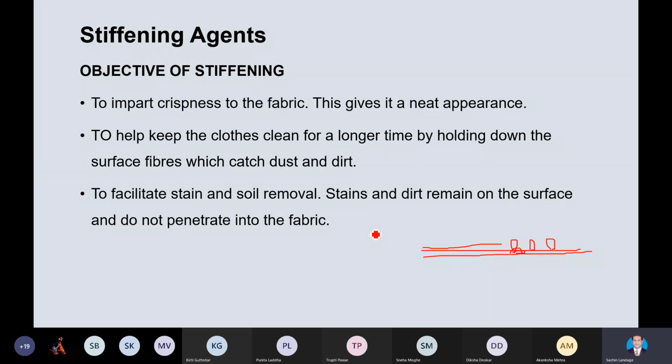So that is another added advantage we get when applying the stiffening agent. That is one type of soil removal process, to have the soil release finish. So whenever you apply the stiffening agent, additionally the finish we get is nothing but the soil release finish.